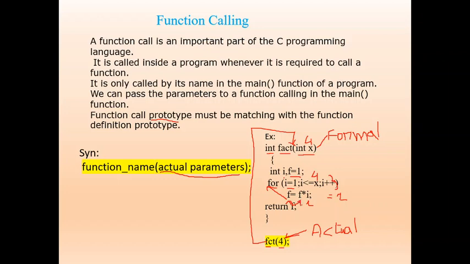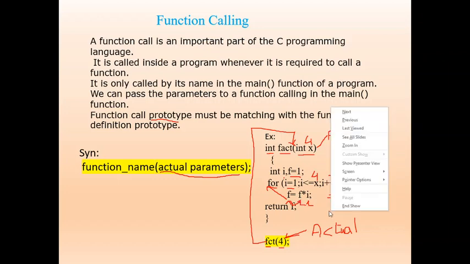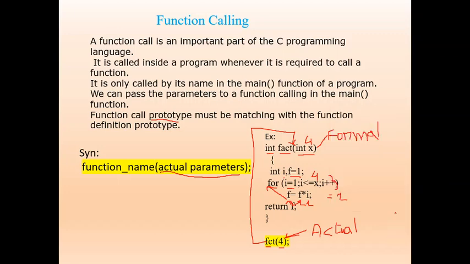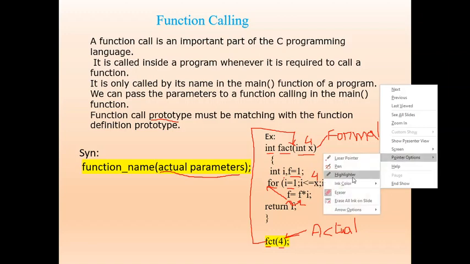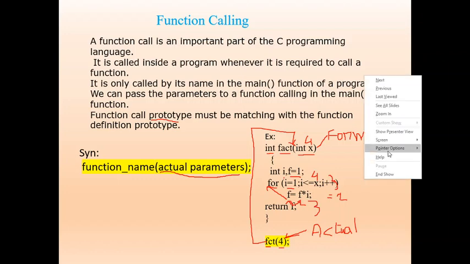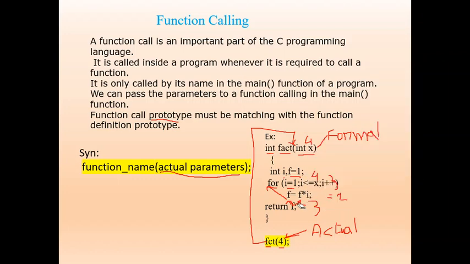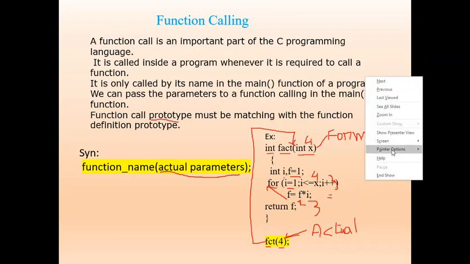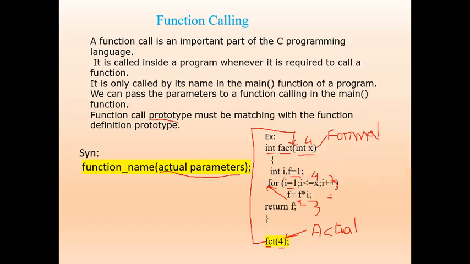The recent f value is 2, and the recent i value is 3. 3 into 2, the f value will become 6. Okay, it is 6.